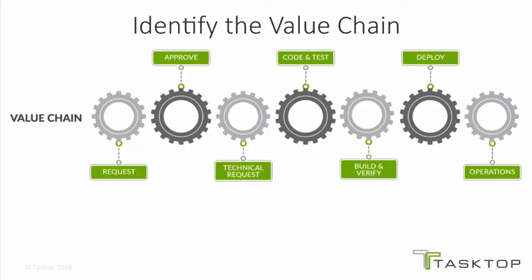Once that's been defined, we're going to write code, validate that code, build it, test it further, and then deploy it into various environments, whether it's a dev, a test, a stage, and then ultimately into production and into more of an operations mode.